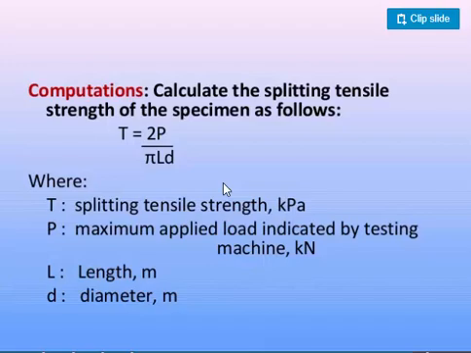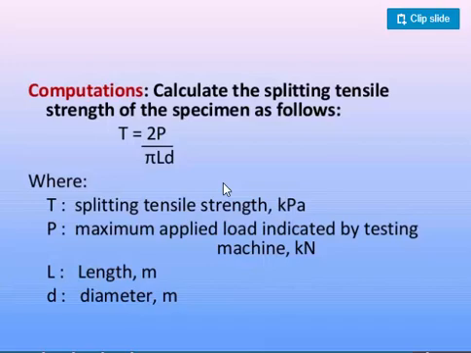So the breaking load is your P value, that is the maximum load which has been taken by the concrete specimen, and L is the length of the specimen, and D is the diameter in meters. You need to take care about the various units while putting the values in the equation.